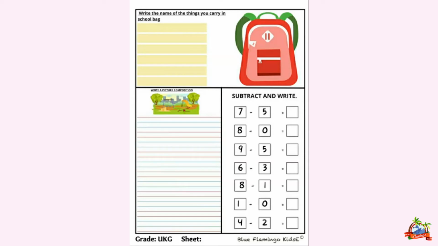D for dog. D for doll. E for elephant. E for egg. F for fish. F for fan.